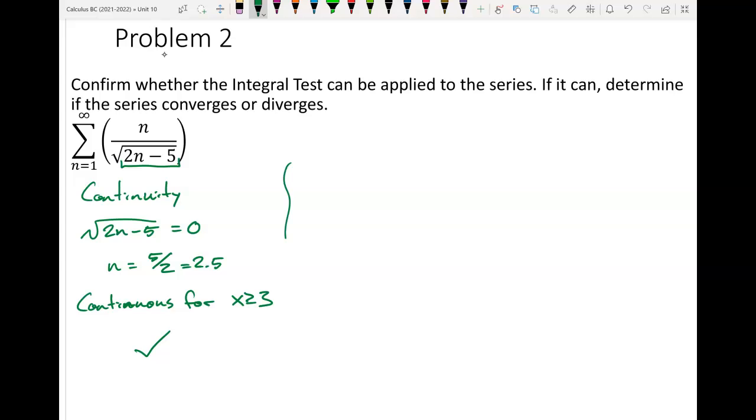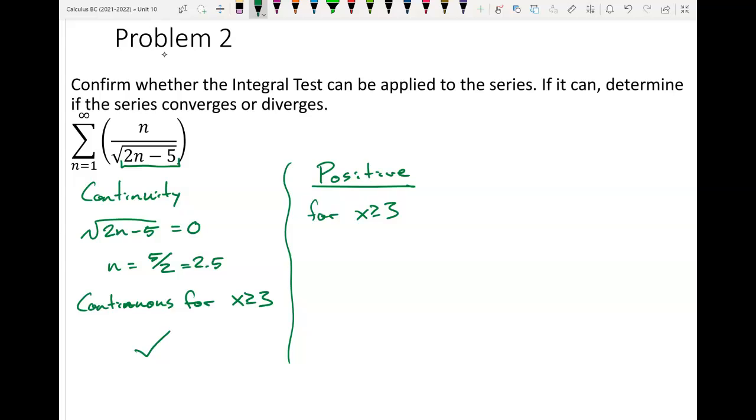Now let's look at positive, right? Since I picked x greater than or equal to 3, let's check: is it positive for x values greater than or equal to 3? It should be, because if I do the square root, 2 times 3 is 6 minus 5, that's going to be positive, and everything onward is going to be positive.